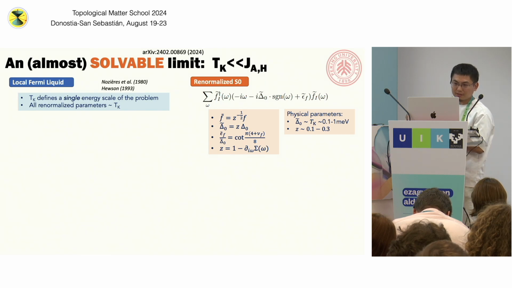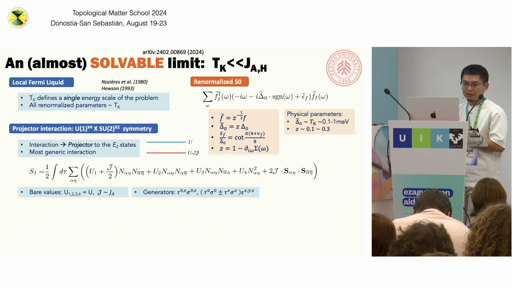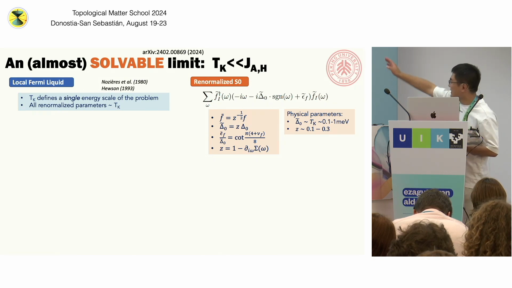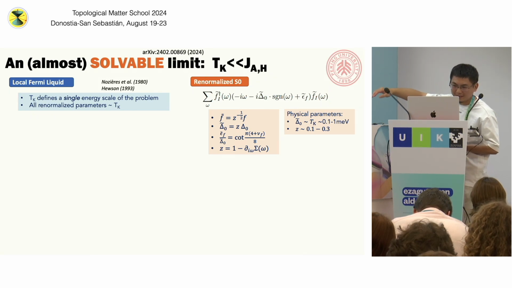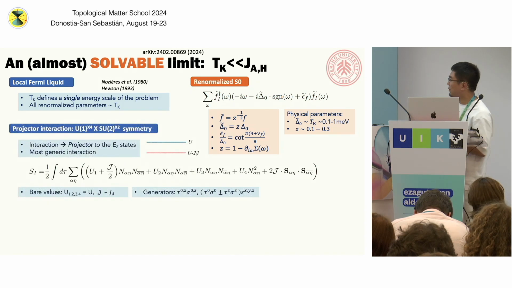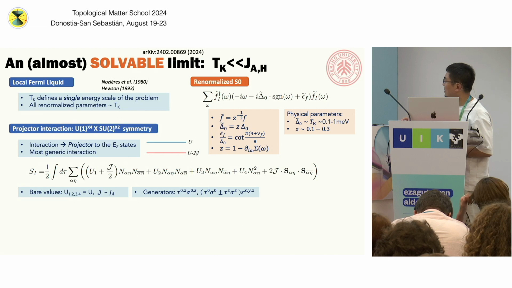We find this limit, in some sense, could be solved. Even though this is already a seemingly very artificial limit, it's still very difficult to solve. We cannot do it, so we needed to further simplify the problem.